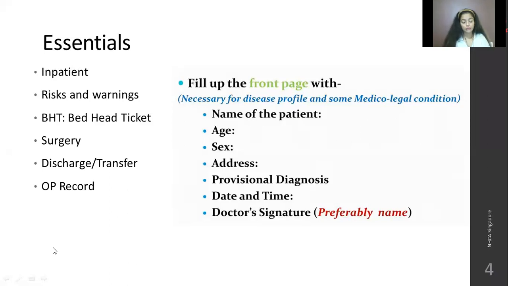No mistake should be made while writing the OP numbers. Reference to the doctor should also be written down if the patient is referred. If you go to a general OPD, from there you can be sent to a cardiologist OP or ortho OP depending upon your condition. So that also has to be mentioned: the patient came to the general OPD, but from there was referred to so and so OPD, either within the hospital or outside the hospital.